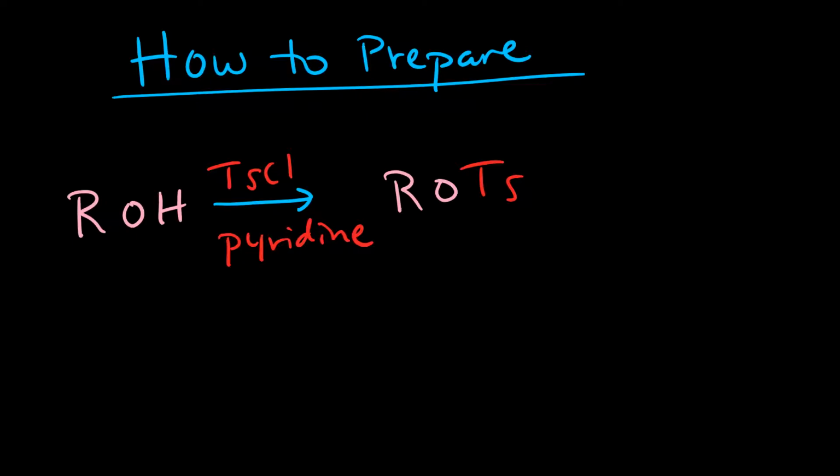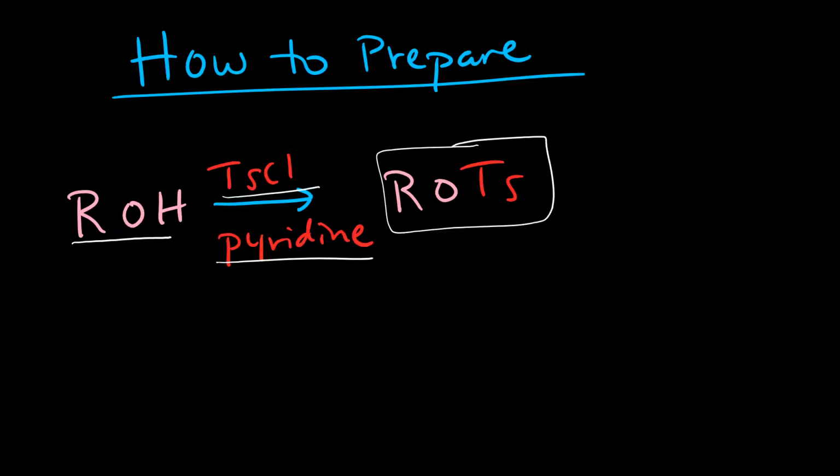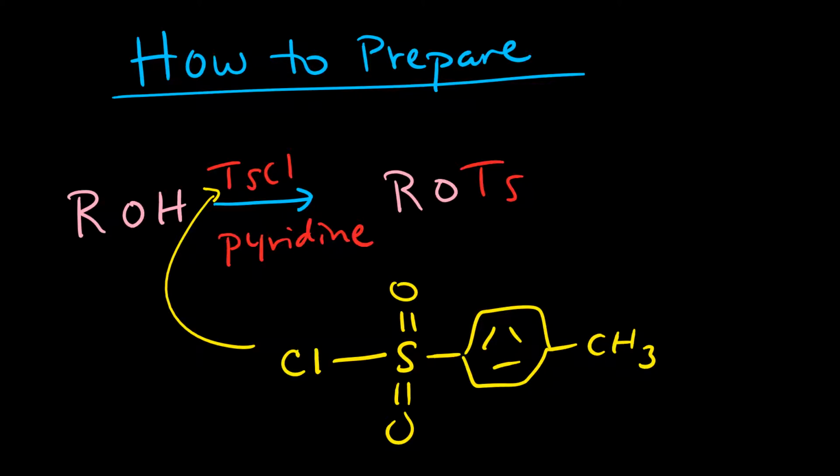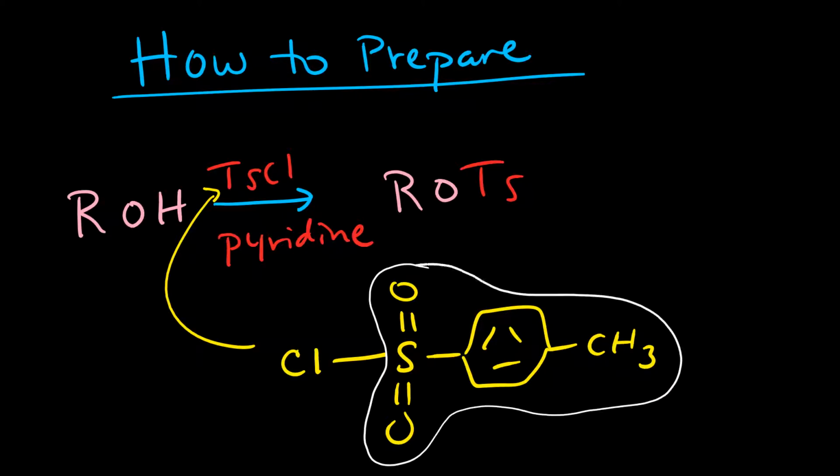You start with the alcohol that you're wanting to react, and put that in with tosyl chloride, which we'll look at in a second, and pyridine, and you will end up making the oxygen-sulfur bond. And tosyl chloride looks like this, where you have the tosyl group and then the chloride.